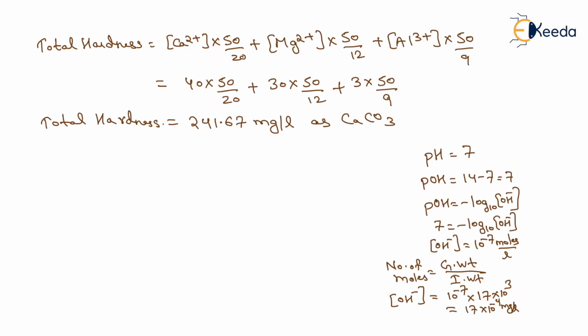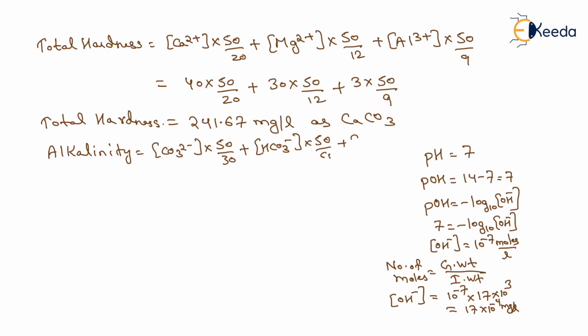Now we put this value in the equation and solve for the alkalinity. The alkalinity is given as concentration of carbonate into 50 divided by 30, plus bicarbonate, that is HCO3-, into 50 divided by 61, plus OH- multiplied by 50 divided by 17.